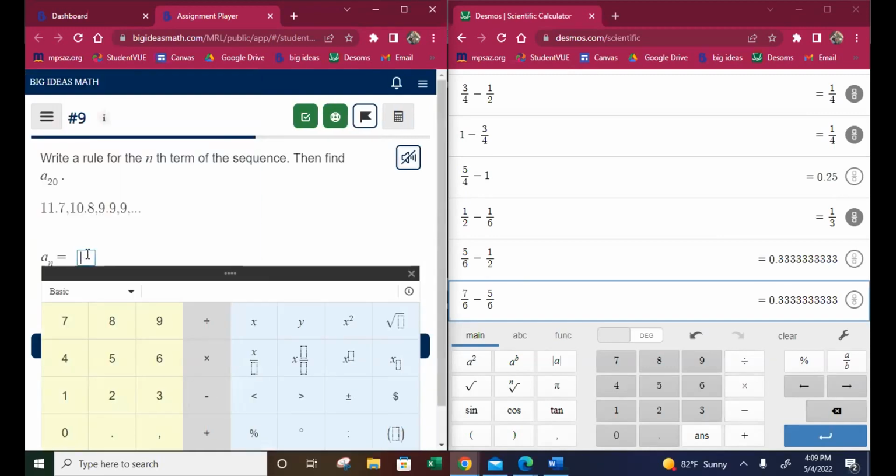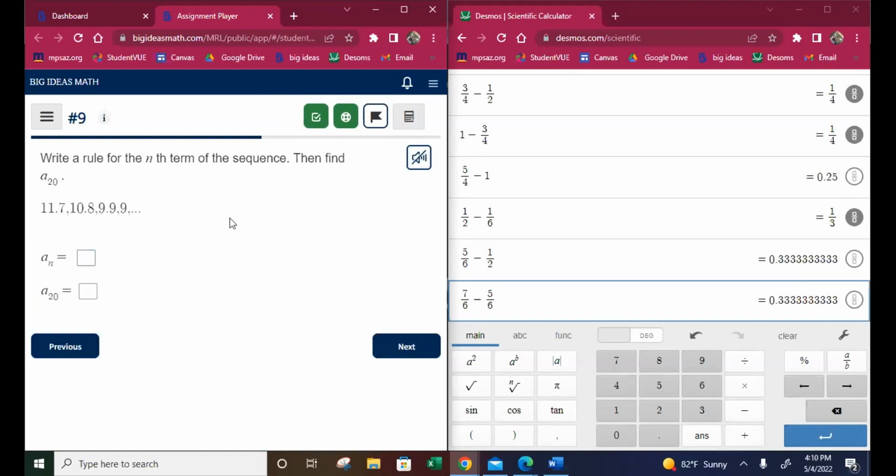The nth term would be 11, right? No. The first thing you have to decide here is whether this is arithmetic. So could you just hit the X there? Because I'm going to snip this one in. Could you do the same thing that you were doing, which is to subtract the terms?